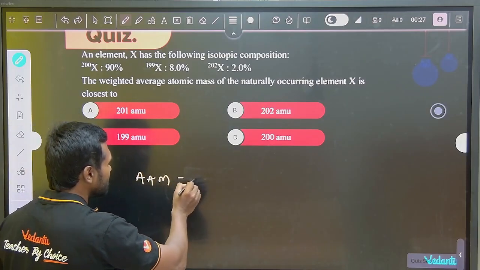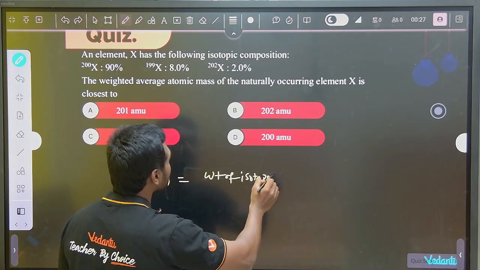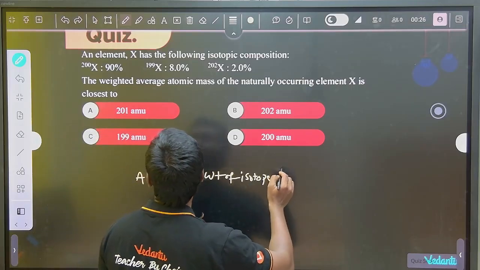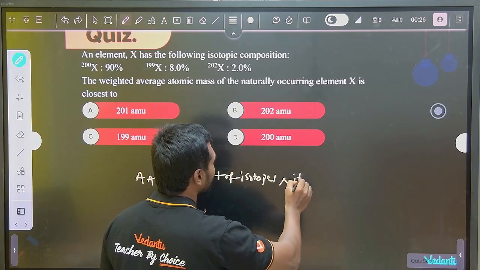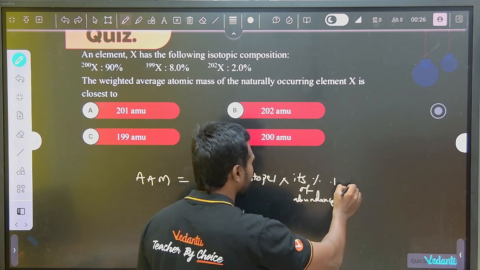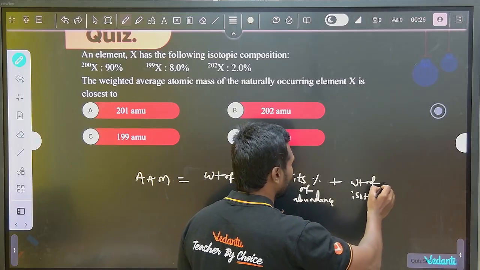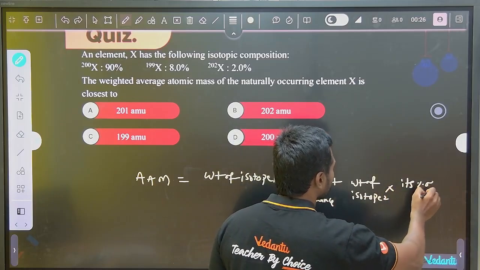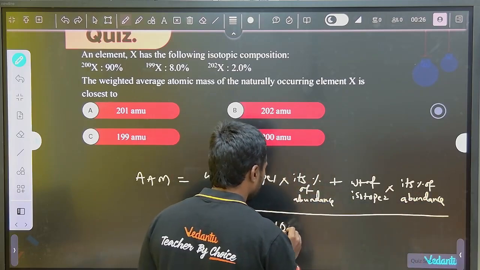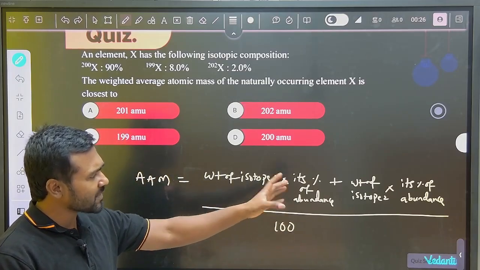Average atomic mass is equal to the weight of isotope 1 into its percentage of abundance, plus the weight of isotope 2 into its percentage of abundance, and so on, all divided by 100. There are 3 isotopes, so you add one more: weight of isotope 3 into its percentage of abundance.